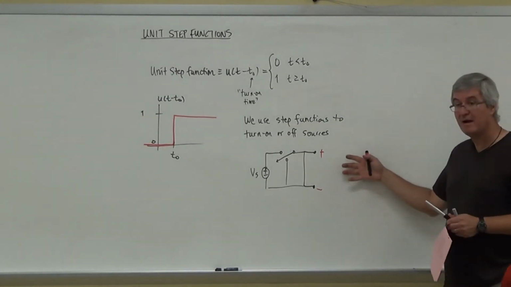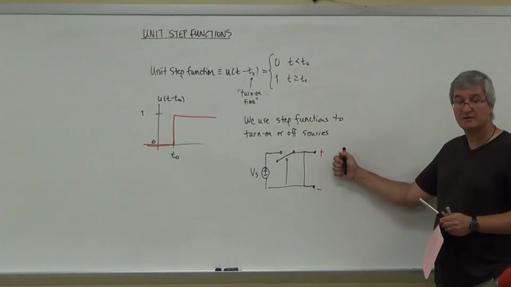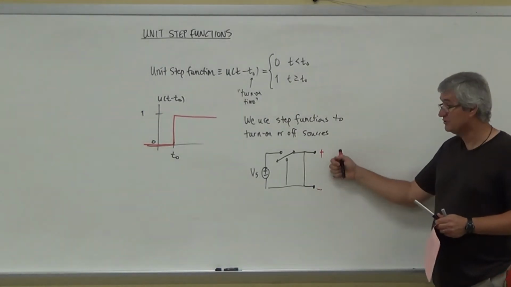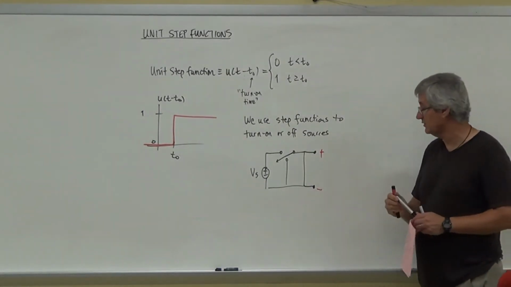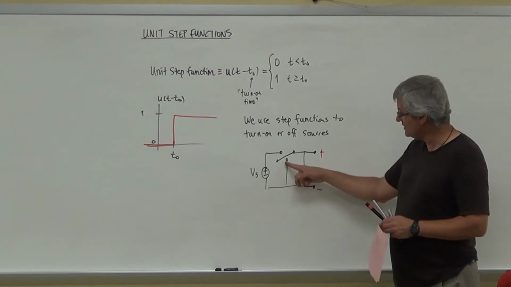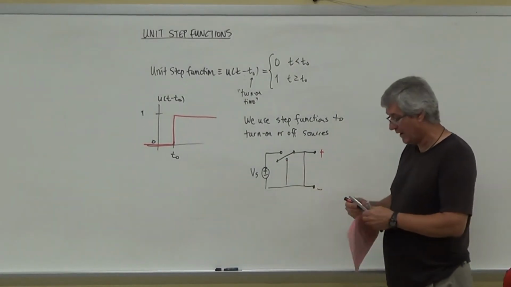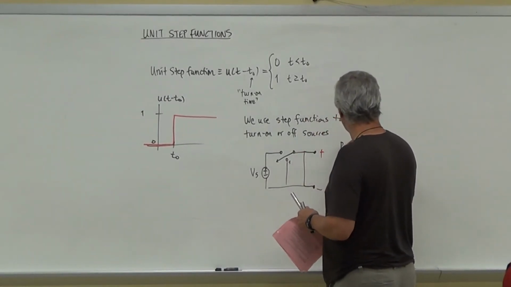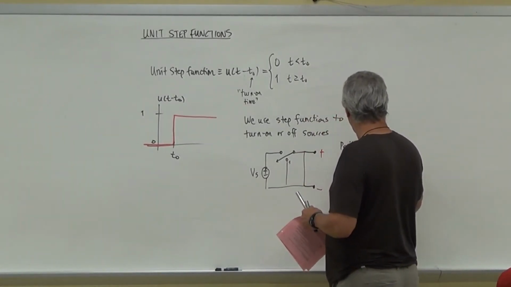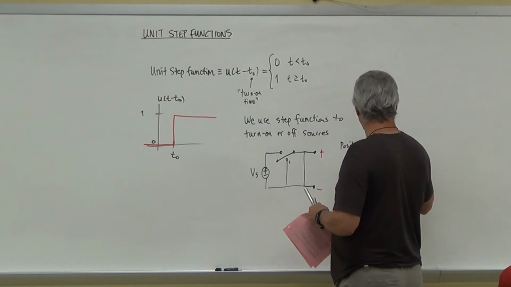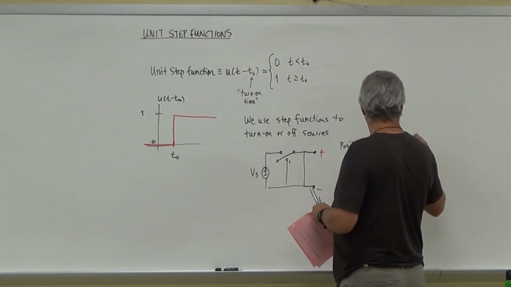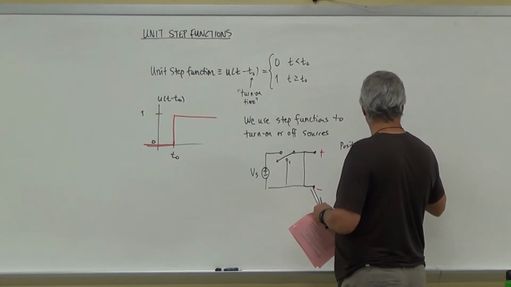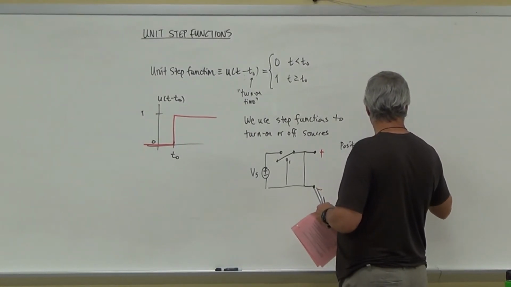Now I can attach the circuit to this voltage source. When this switch is at this one position, let's call this position 1, we have literally an open with no voltage source.